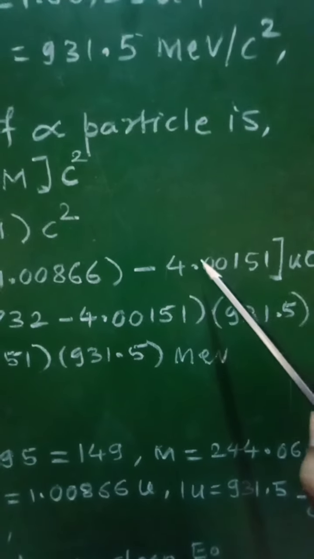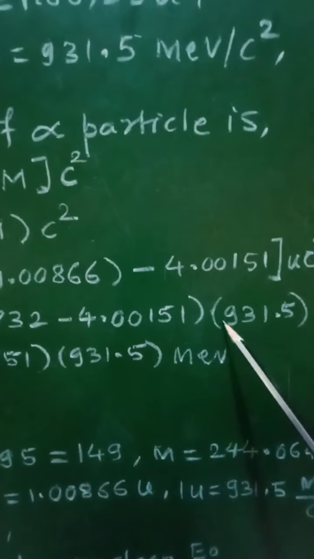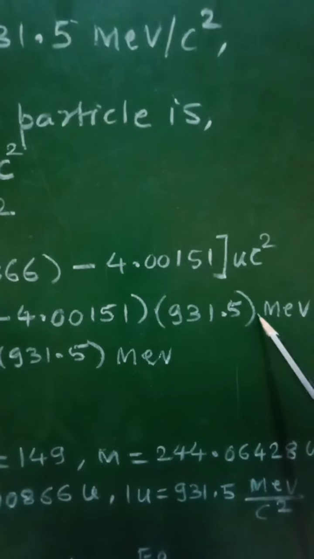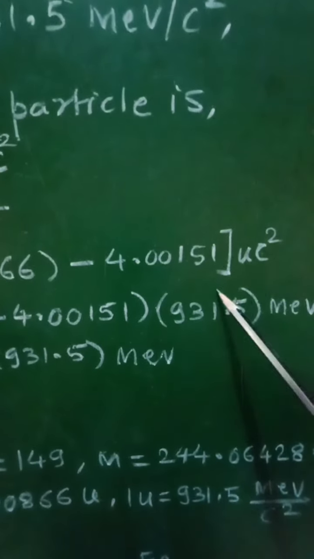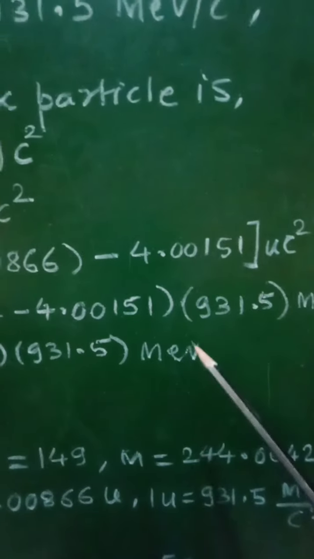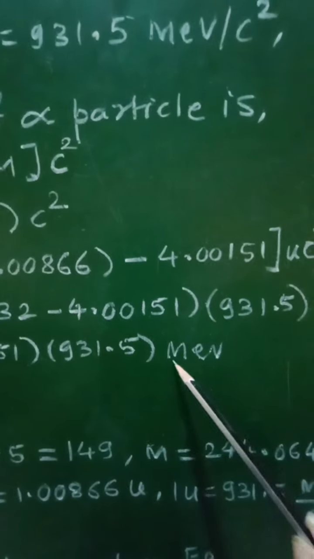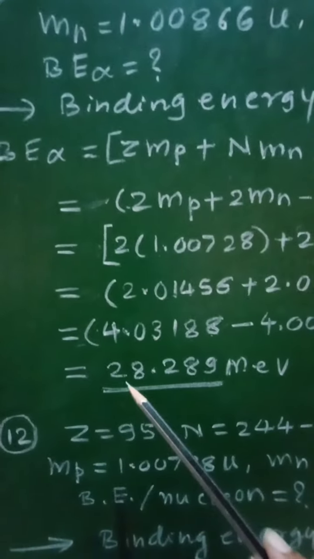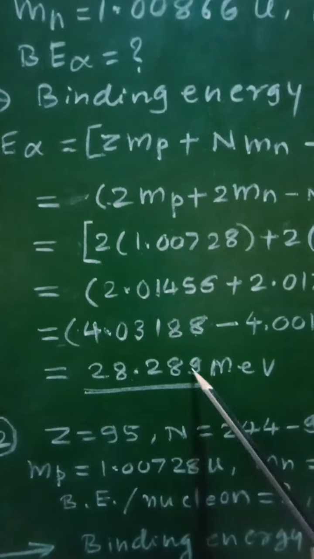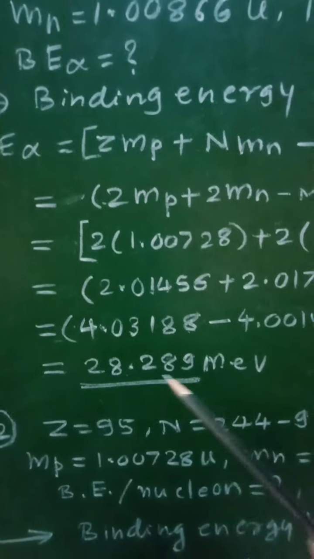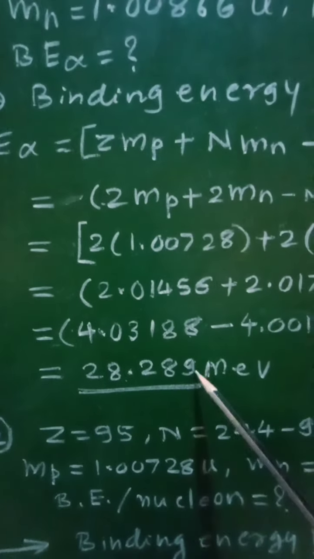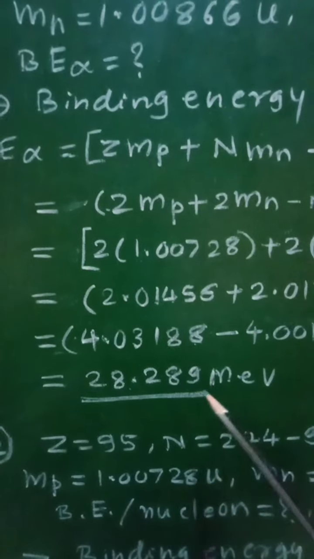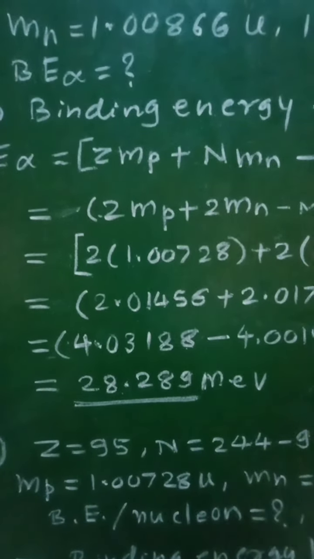So this term will be multiplied by 931.5 mega electron volt per c square, and therefore in this case c square will get cancelled and energy we will get in terms of mega electron volt, which comes out to be 28.289 mega electron volt, which is the required binding energy of alpha particle.